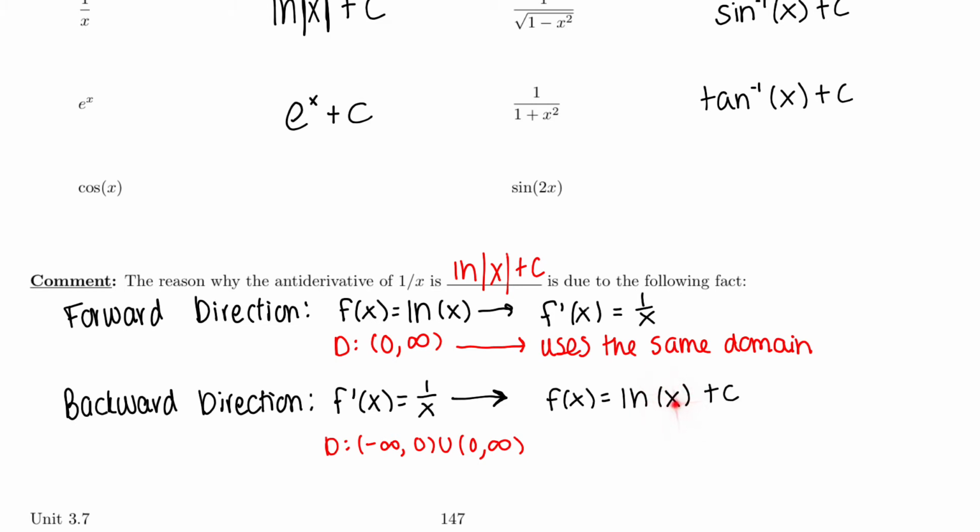If it were no absolute value here, it would be taking in all these negative values and it wouldn't be able to do anything with them because these negative values aren't in the domain of ln. It can't take in a negative value. It's good that it excluded 0 because it can't take that in either, but it can't take in any of these negative values. But that doesn't mean that there's not an antiderivative if this part was negative. So to take care of that problem, we do an absolute value of x to make it so that if you have a negative number in the derivative, it just turns positive in the antiderivative.